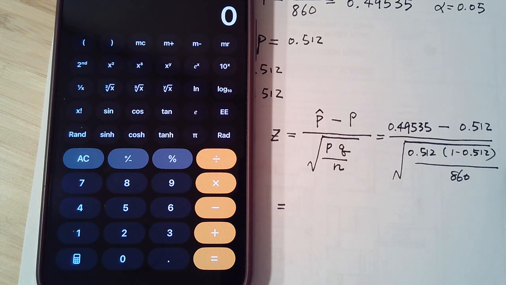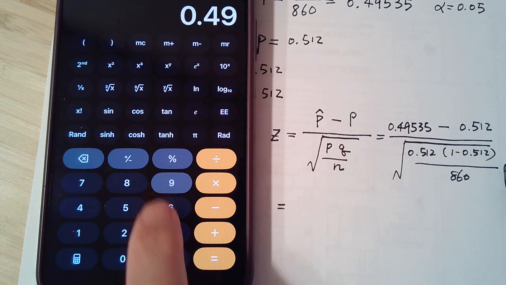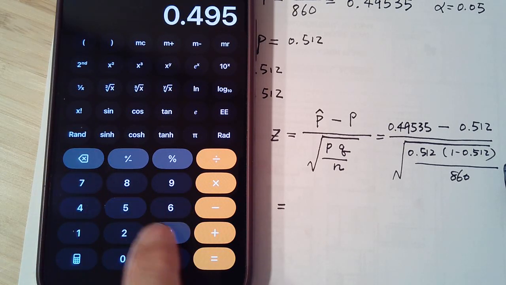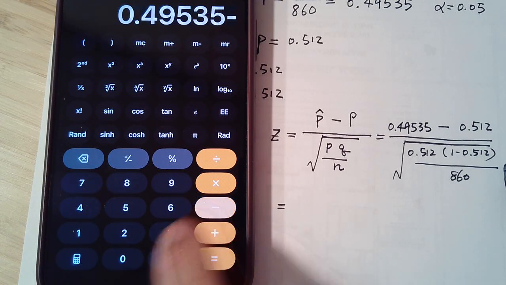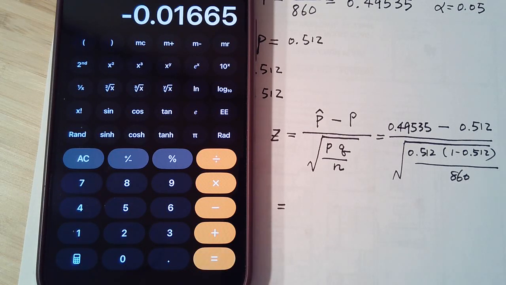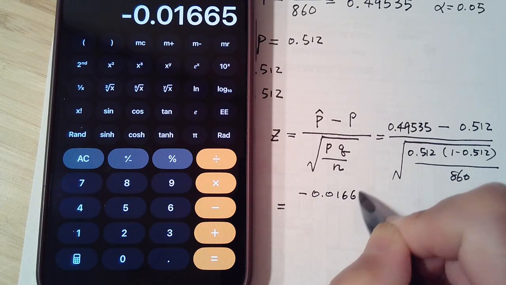If I do the numerator, 0.49535 minus 0.512, the numerator is negative 0.01665.